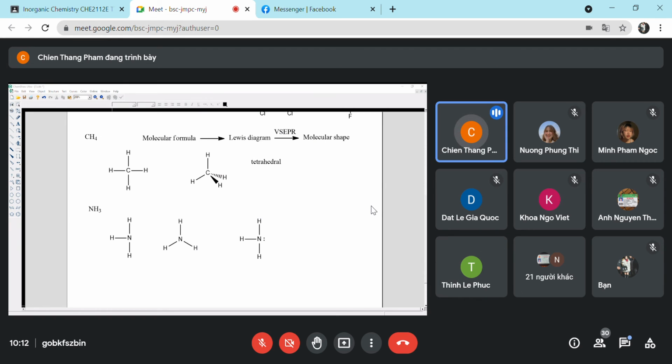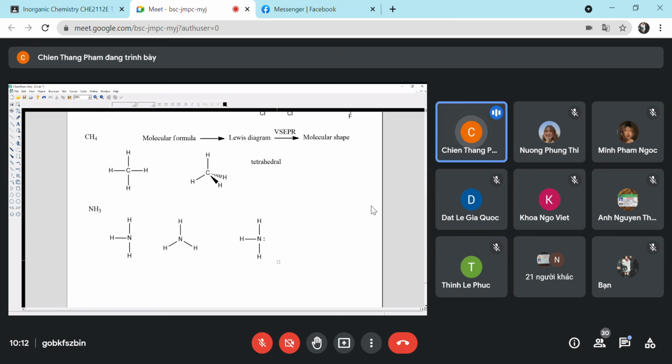I don't ask you for the molecular shape. I ask you how many electron pairs there are surrounding the nitrogen atom.